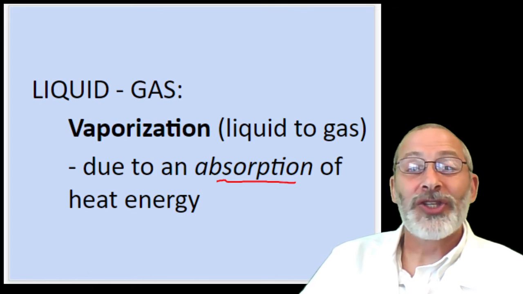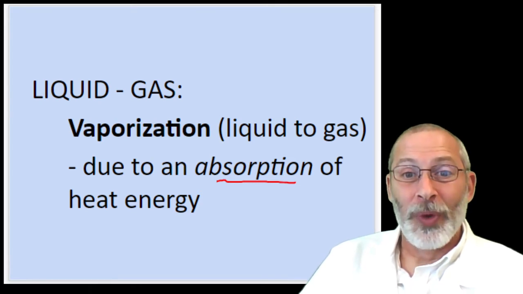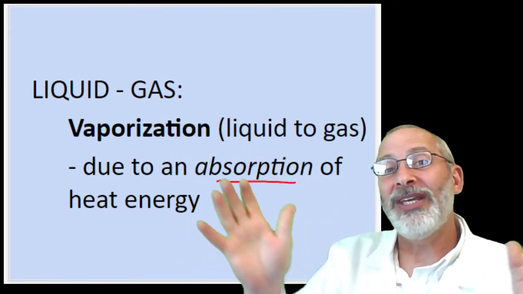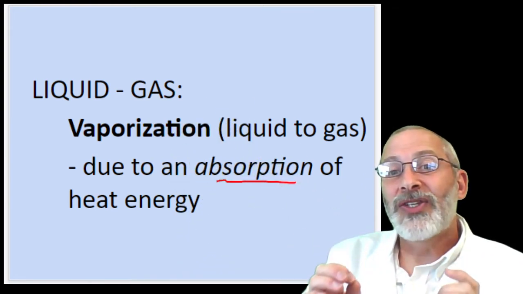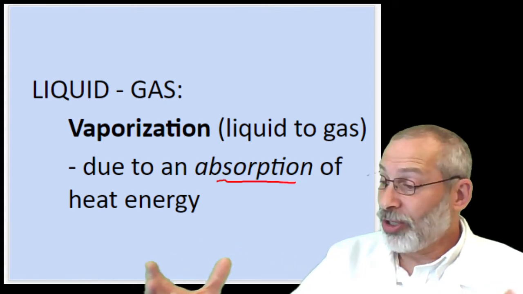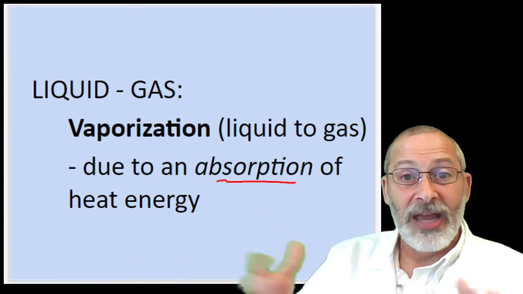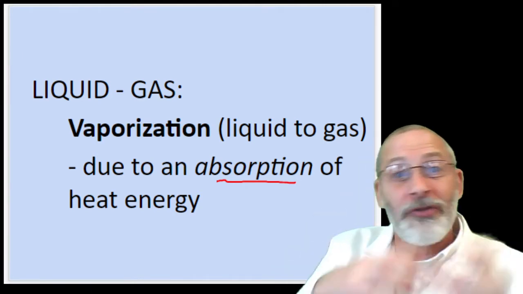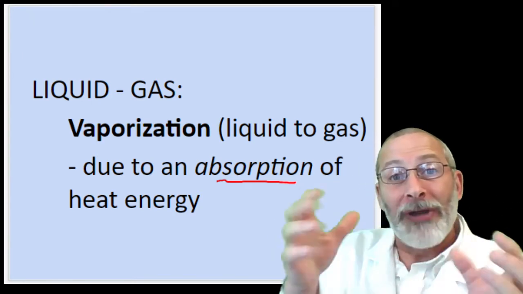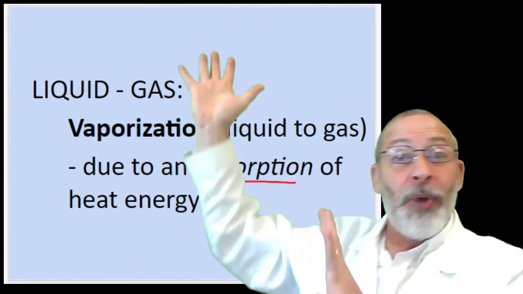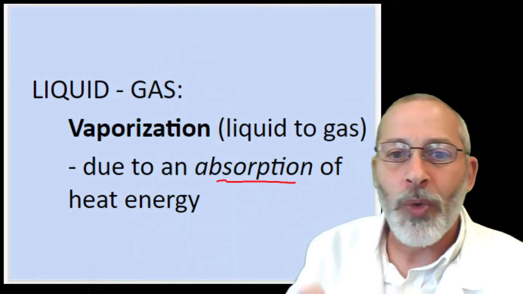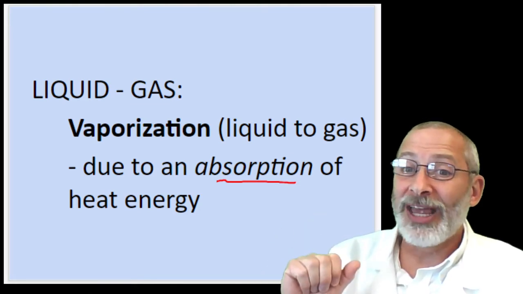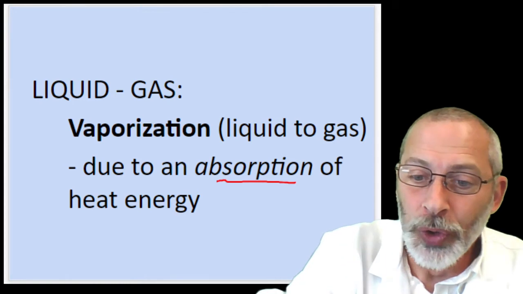It actually gets cooler. When a liquid vaporizes, the surrounding area gets cooler. Why? Because that liquid, in our case water, has to absorb more heat energy in order for the molecules to start moving around fast enough to go from the liquid, boom, to the gas. So it requires an absorption of heat energy, which causes the surrounding area to get cooler.